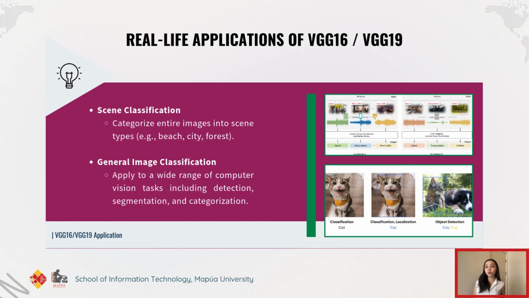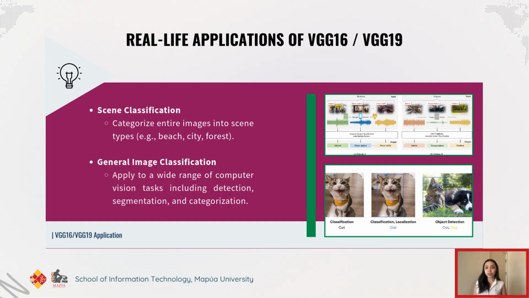Continuing, VGG architectures, specifically VGG16 and 19, are highly effective in scene and general image classification. They can accurately classify entire images into scene types, making them useful for applications like image retrieval and content organization. VGG models are also fundamental to general image classification, serving as powerful backbone networks for a wide range of computer vision tasks.